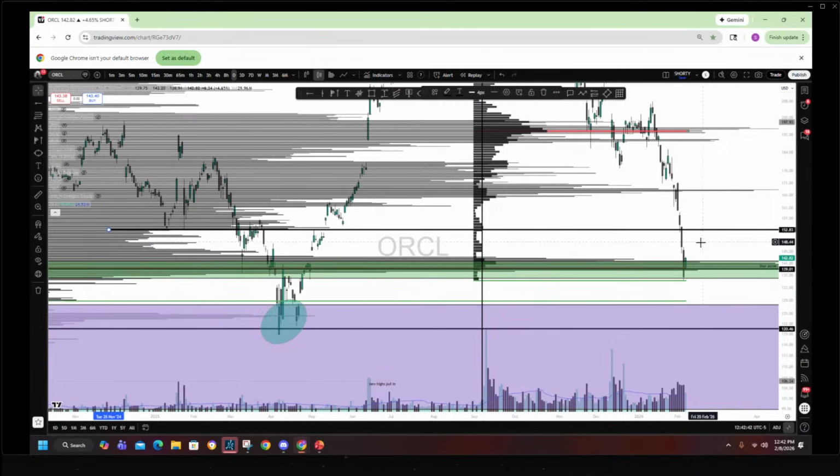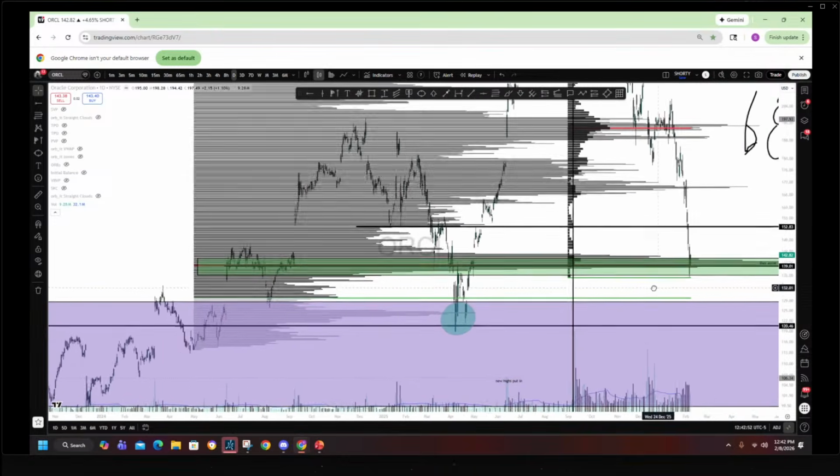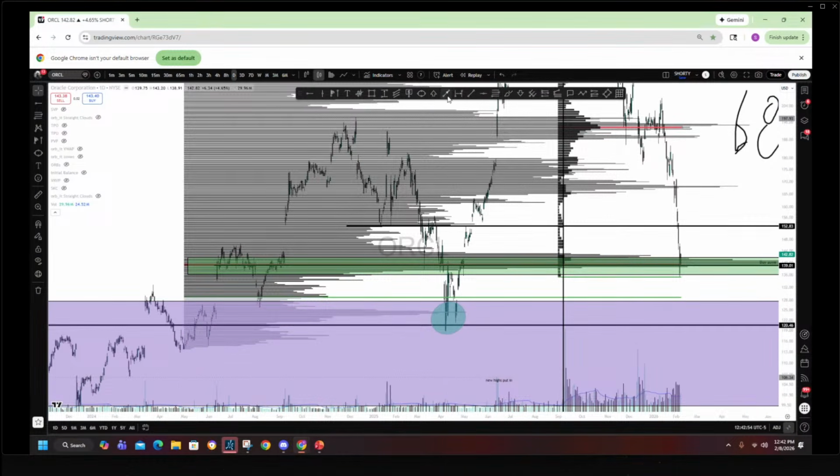Odds are we're going to auction here, but we want to see if they put in the real excess low on this day. If they didn't put in an excess low, this is not done yet. Maybe if you're super lucky to get this stock somewhere around here, would be amazing. And why is that?